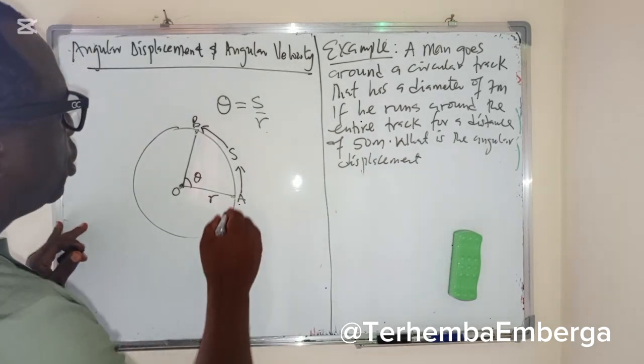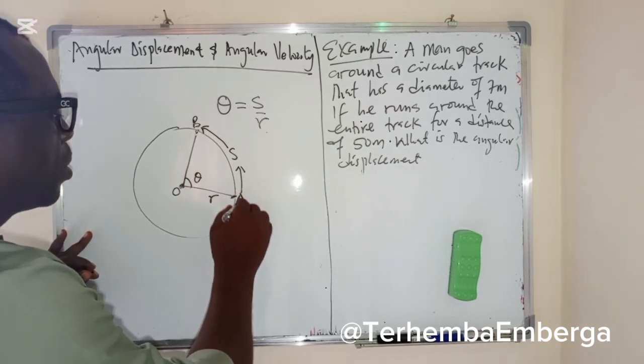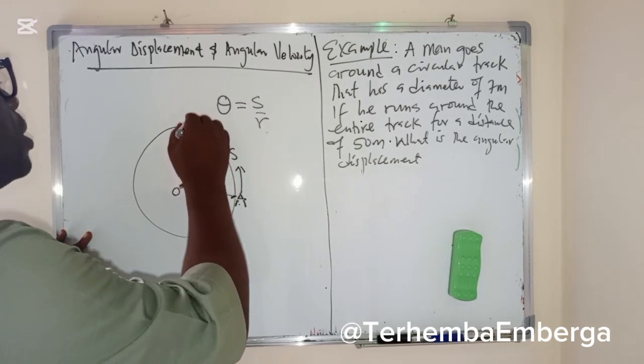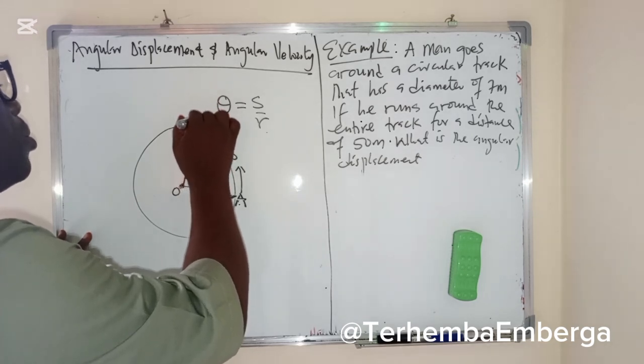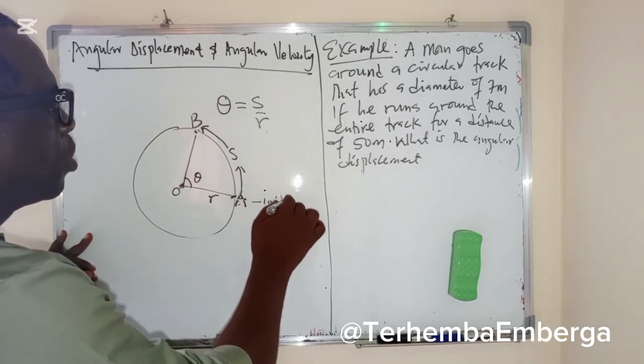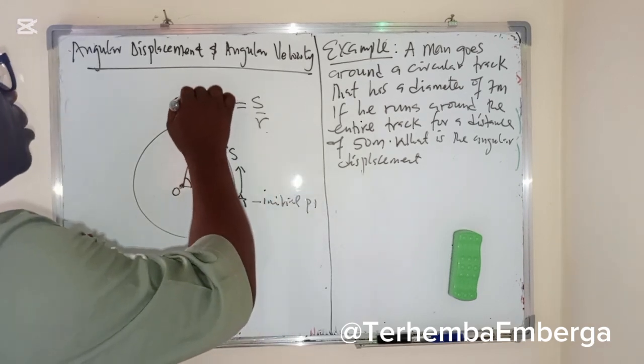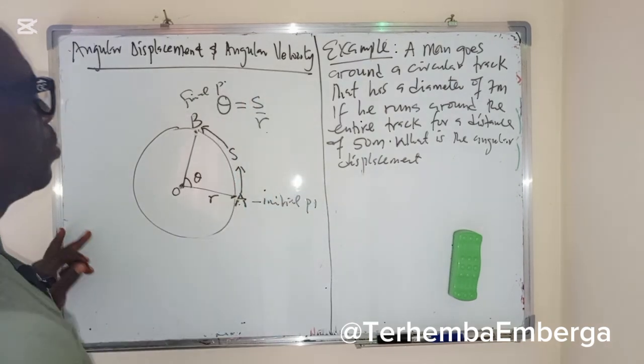When you look at this sketch, this is the starting point of the journey called A, and this is another point called B. This seems to be the initial point and the final point.